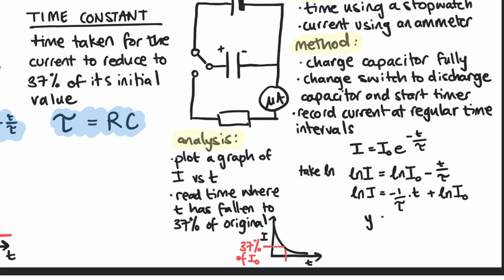If I put the equation for a straight line below it, then what we'll see is that if we plot a graph with the natural log of I on the y-axis against time on the x-axis, we will get a straight line, and we would expect a straight line with a negative gradient because of the minus here. And so the gradient would equal minus 1 over tau.